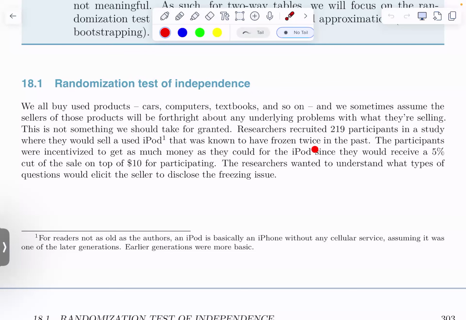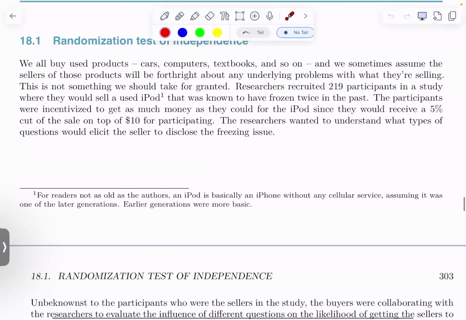The participants were incentivized to get as much money as they could for the iPod, since they would receive a 5% cut of the sale on top of $10 for participating. And so the researchers wanted to understand what types of questions would elicit the seller to disclose the freezing issue, and so kind of a level of trust.